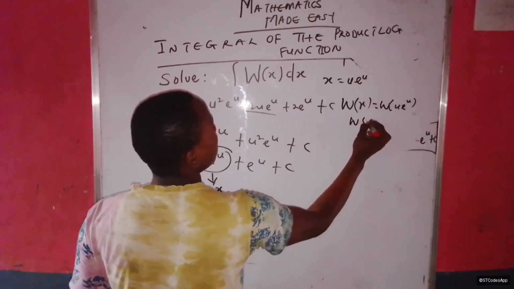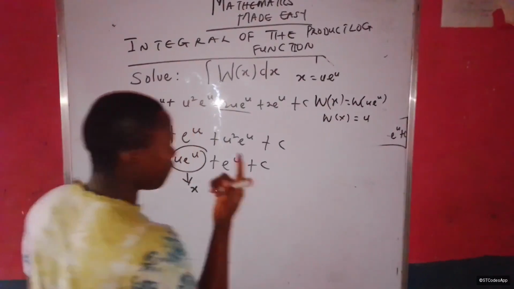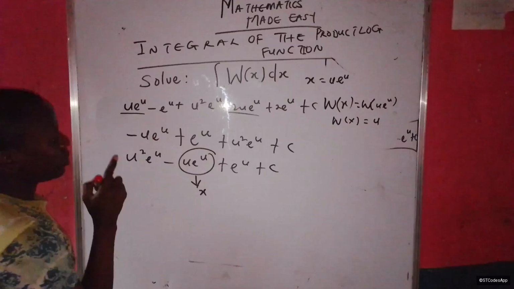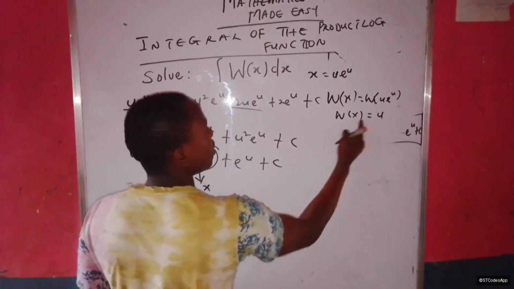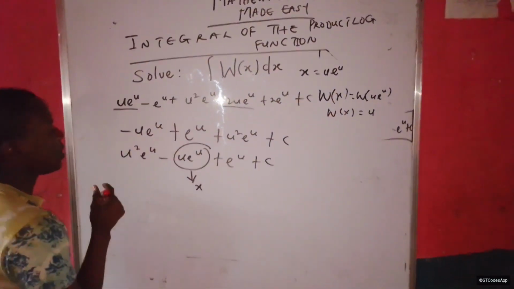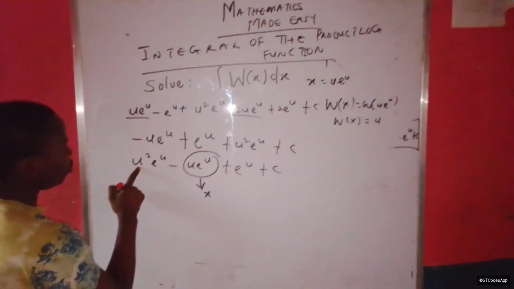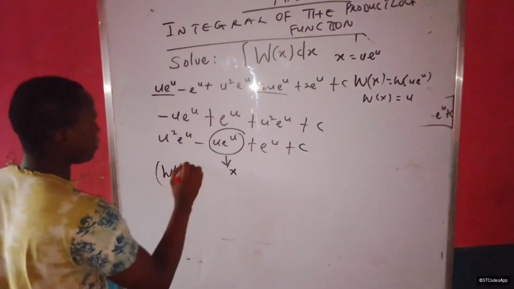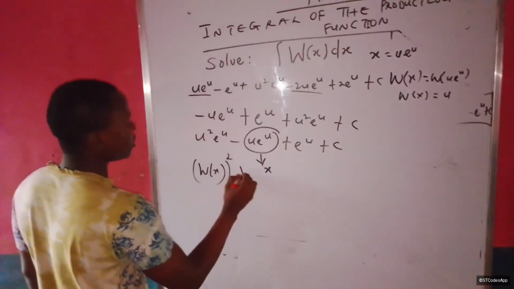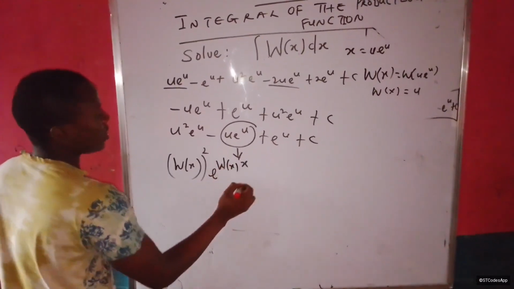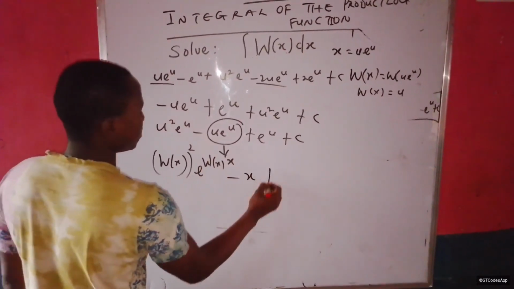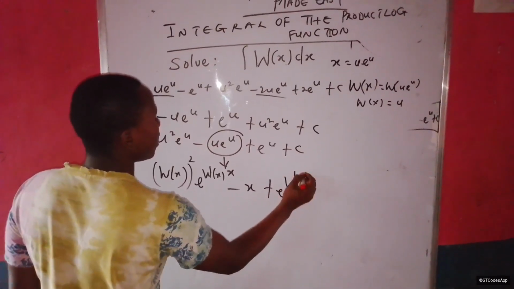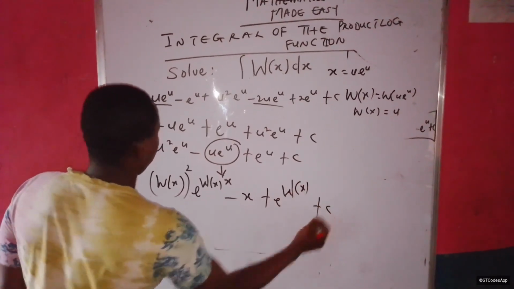So that is omega of x is equal to u. Don't forget. So the value of our u will be omega of x. Then we are going to have u, which is omega of x, so that will be omega of x squared multiplied by e raised to the power of omega of x minus, don't forget this one is x, plus e raised to the power of omega of x plus c.